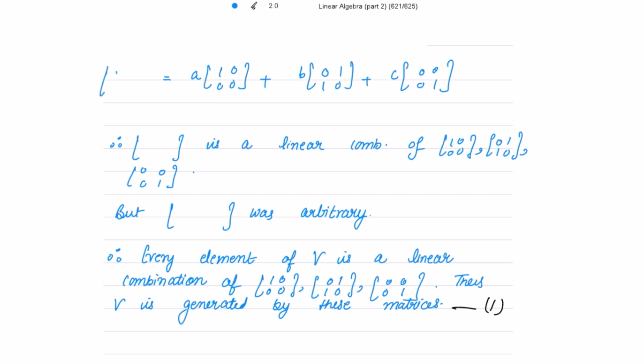So [A, B; B, C] is now written as a linear combination of these matrices, but [A, B; B, C] was arbitrary, which means every element of V is a linear combination of these matrices. Thus, V is generated by them.